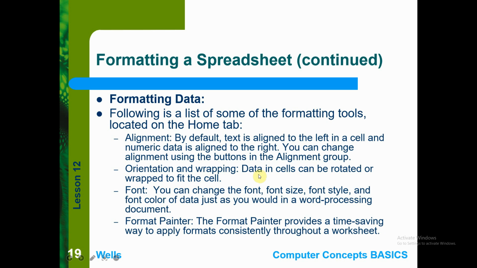Usually we use this if we have multiple cells with a long label that covers the next row, for example. So you can use the wrapping option wherein the data in the cells can be rotated or wrapped to fit the cell. And for the font, the usual font size, font style, font color, etc.